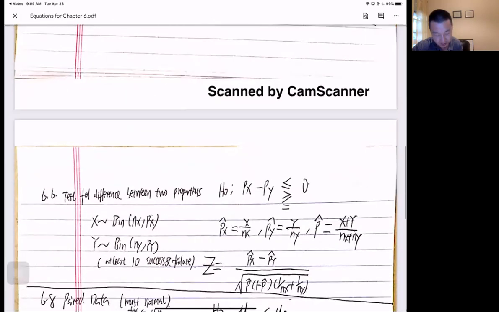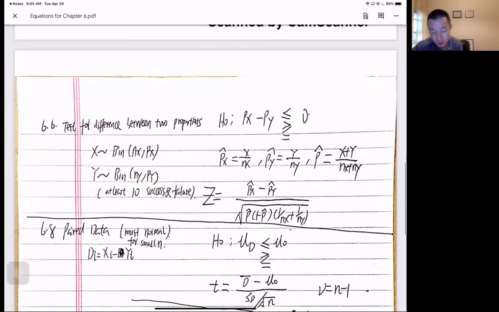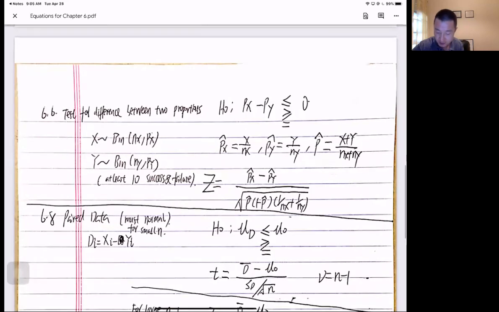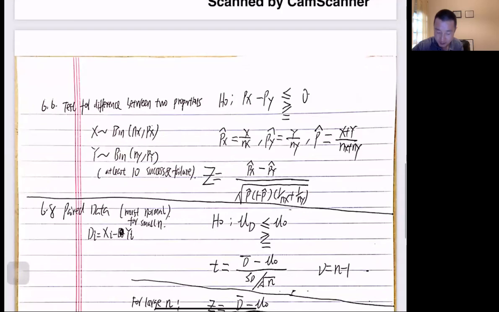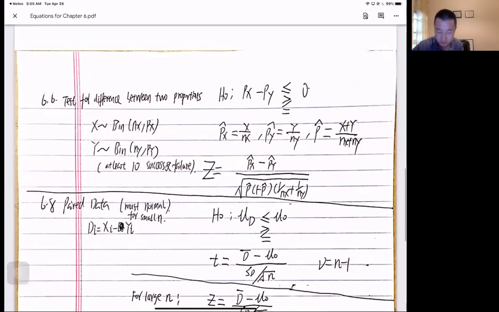And then we have tests for difference between two proportions. The condition, the setup of H0, the parameters, and equations for the z-score.